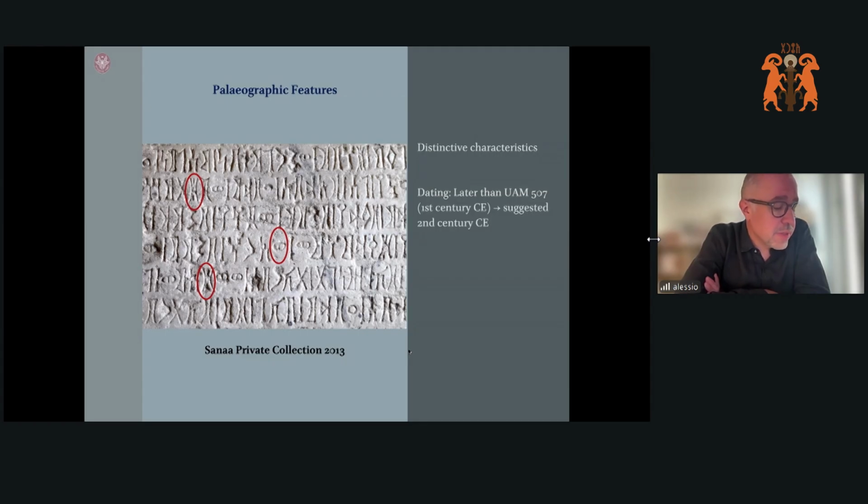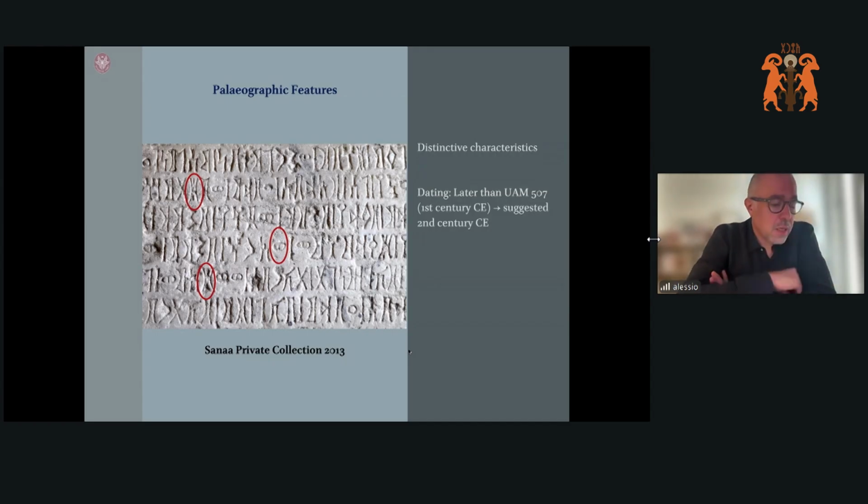These features suggest a later date than that proposed for the other dedicatory text addressed to Bashamum Yathaʿān, which is the text known as University Aden Museum 507, so UAM 507, which was also published by Alessio Agostini in 2013 in Semitica et Classica, and which has been dated to the 1st century CE.